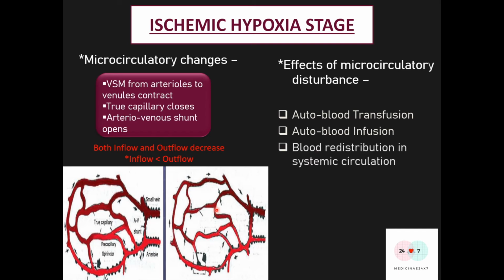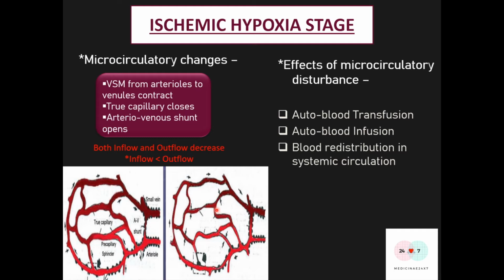Blood redistribution in systemic circulation occurs in order to maintain blood circulation in the important organs like brain, kidney, liver, stomach, etc. Blood redistribution is important because in the ischemic hypoxia stage, the body cannot afford to lose its vital organs.